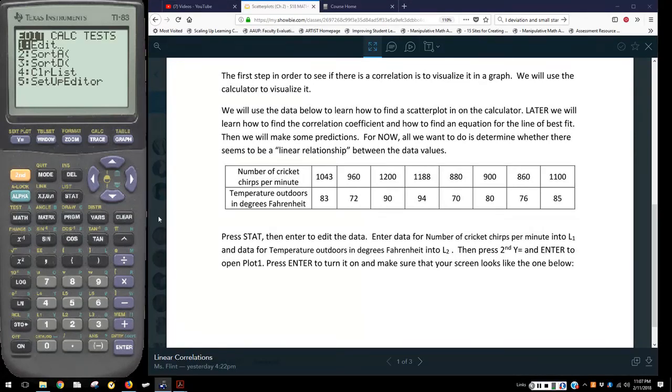So we're going to go to the Stat button and we're going to press Enter to edit. And I'm going to clear out all those pulse rates. And we're going to enter the number of cricket chirps in list 1.